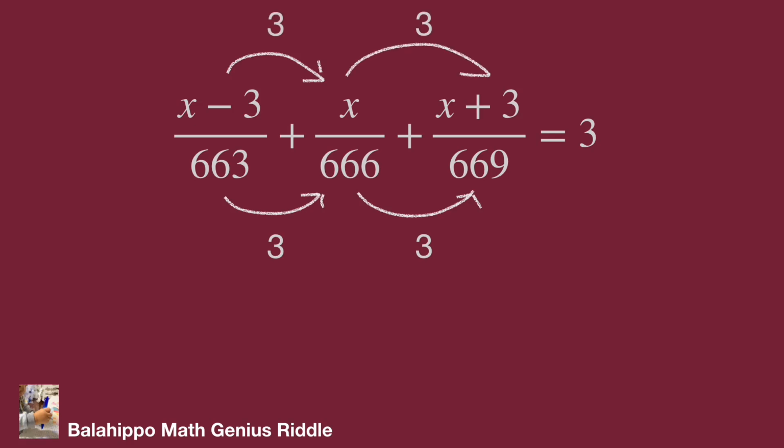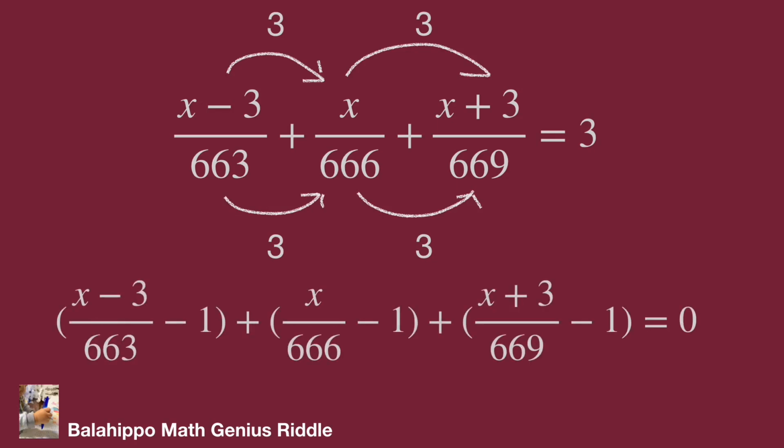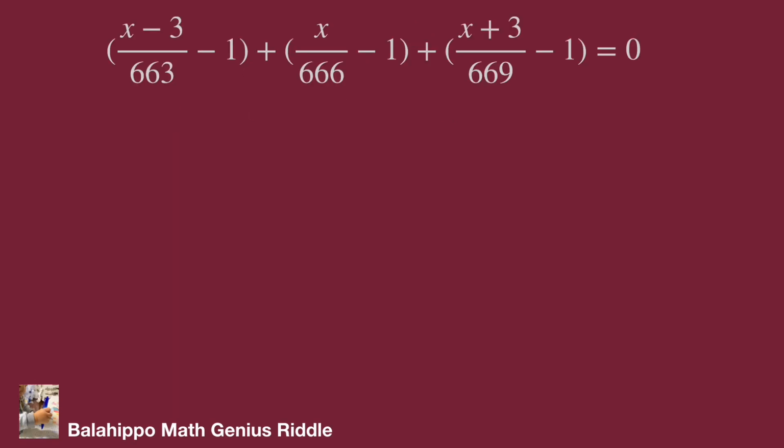Then we subtract 1 from each fraction, so the equation becomes (x - 3)/663 - 1, plus x/666 - 1, plus (x + 3)/669 - 1, equal to 0.